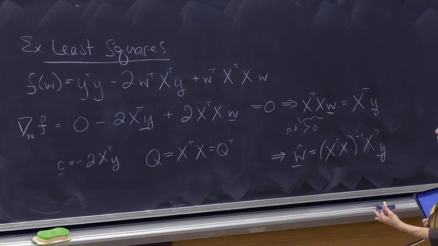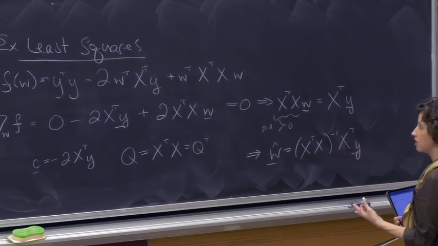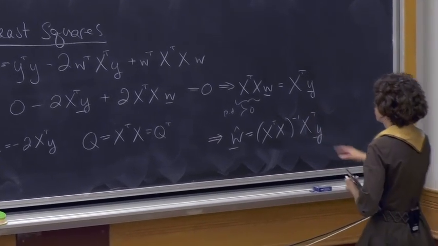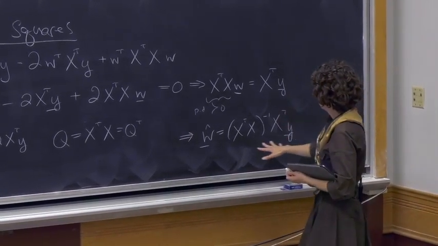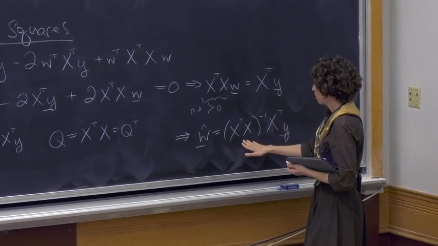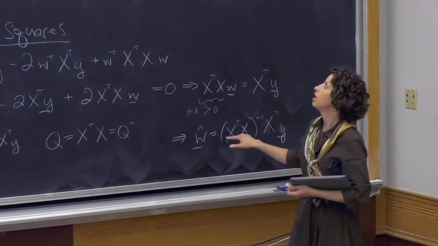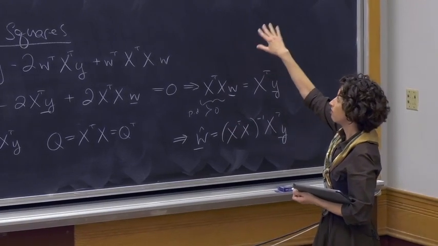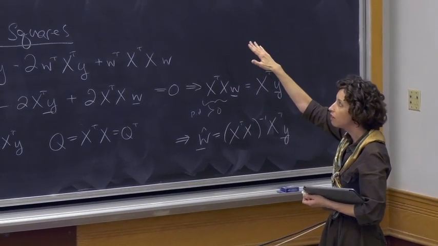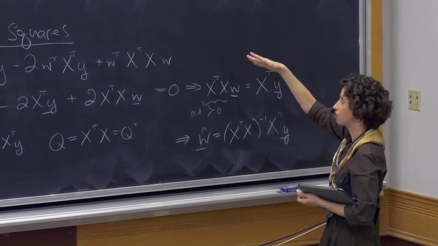And we saw how using notions of positive definiteness allowed us to understand why having x transpose x be invertible is important. In particular, it's ensuring that our objective function definitely has this convex shape.